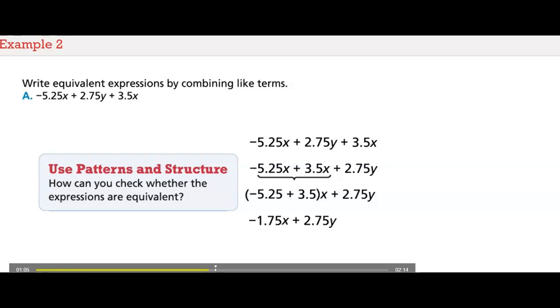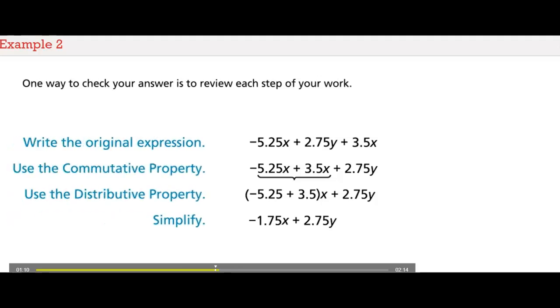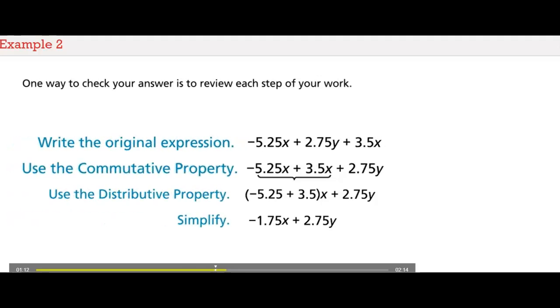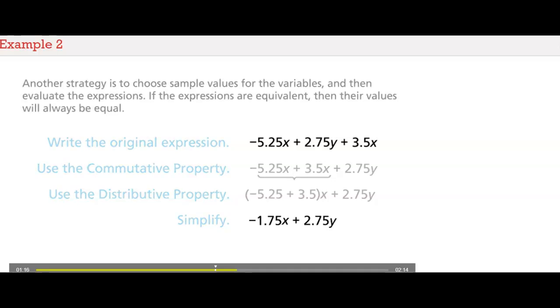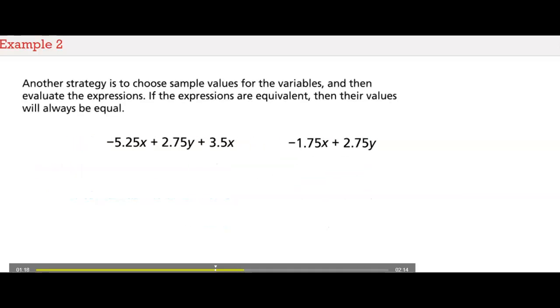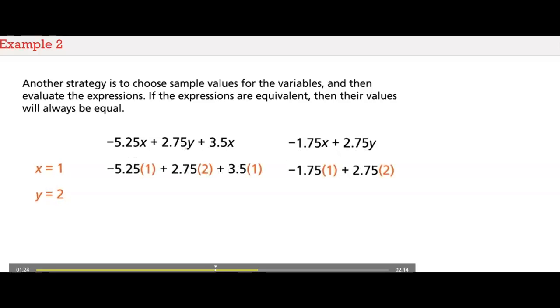How can you check whether the expressions are equivalent? One way to check your answer is to review each step of your work. Another strategy is to choose sample values for the variables, and then evaluate the expressions. If the expressions are equivalent, then their values will always be equal.